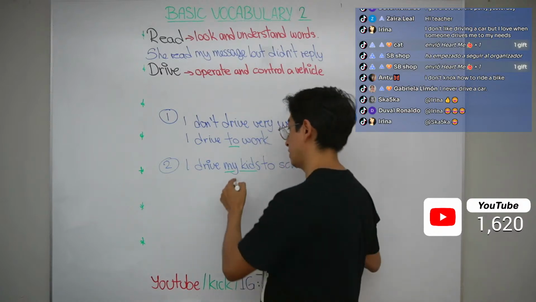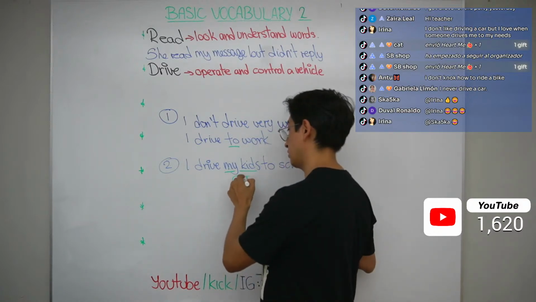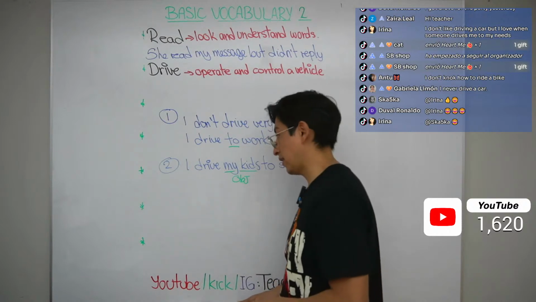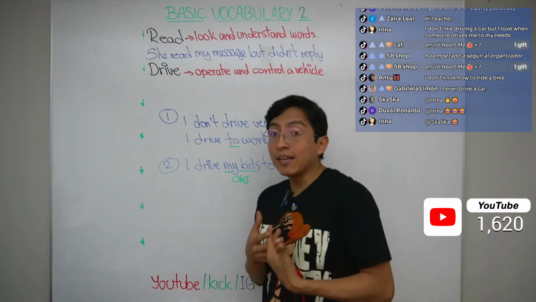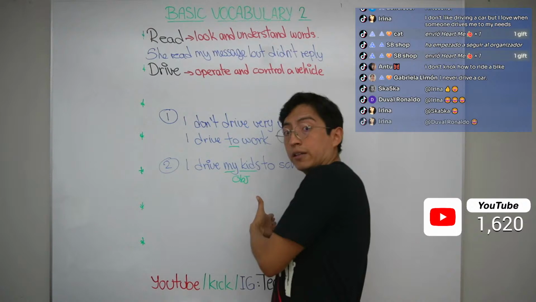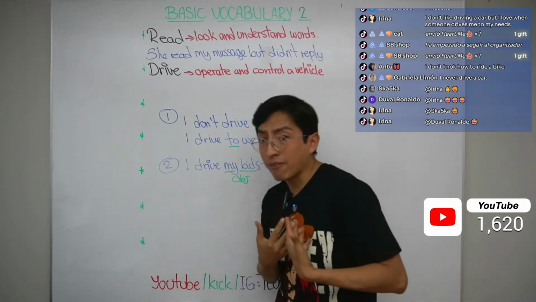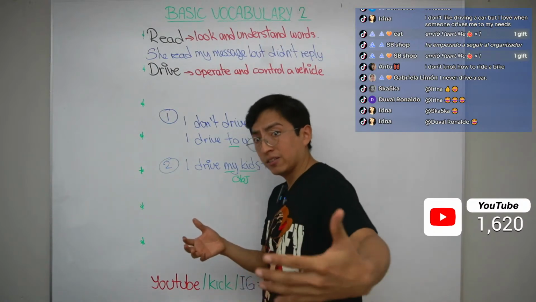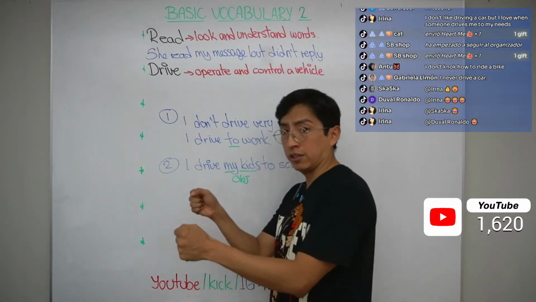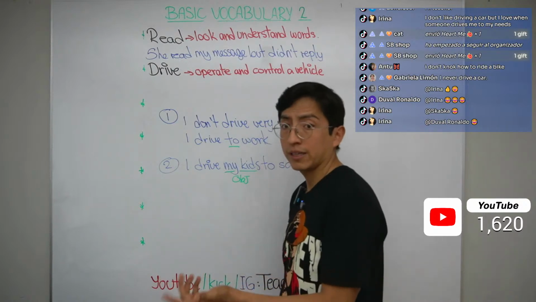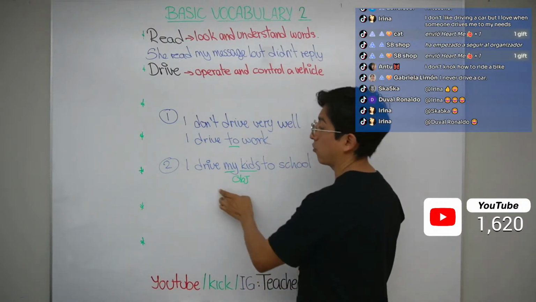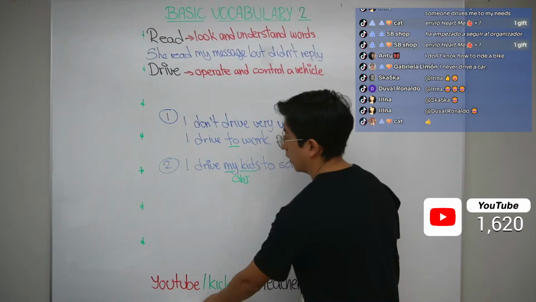This is an object. Remember, this is an object. So we can say that I take my kids to the school driving. I have a car. I tell my kids to get into the car and then drive to school. So you can say this. I drive my kids to school.